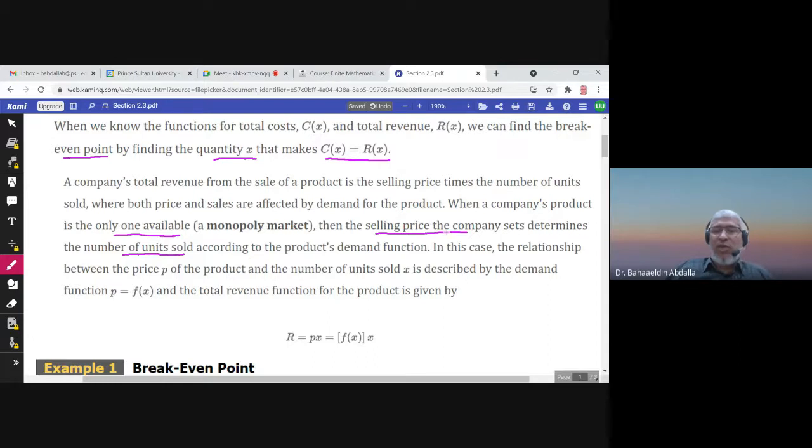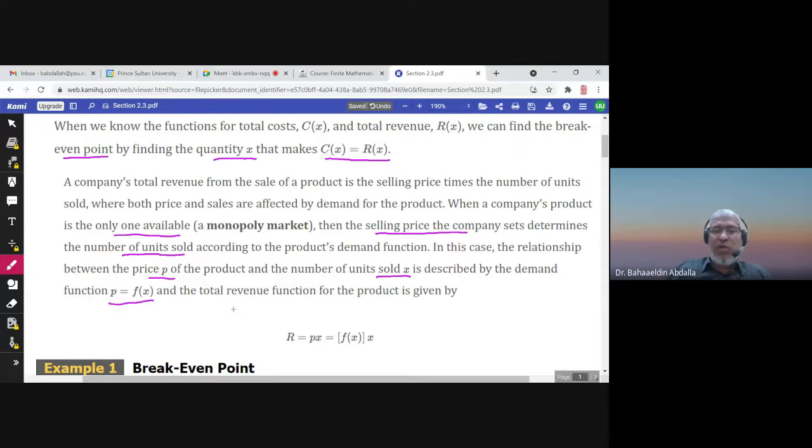So the company sets a selling price, and this determines the number of units sold according to the product's demand function. In this case, the relationship between the price P of the product and the number of units is described by the demand function P equals f of x.